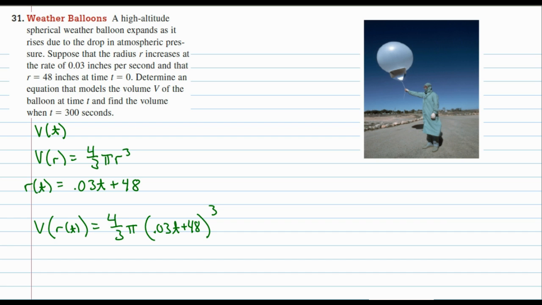The problem specifically wants me to find the volume when t equals 300 seconds. So V of 300 is going to be 4/3 pi times (0.03 times 300 plus 48) cubed.